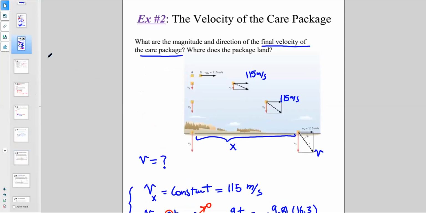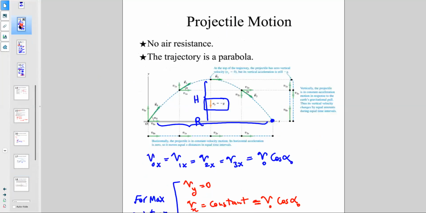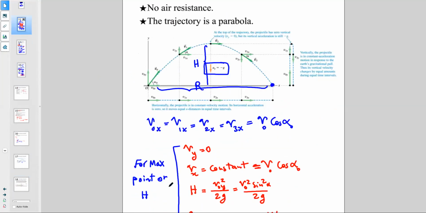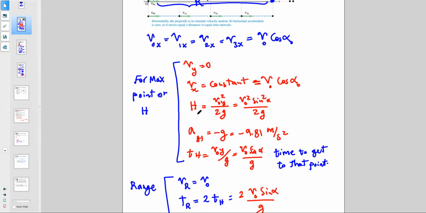So if you are looking at this, let me go all the way back. Yes, so for the maximum point, or h, the velocity along y is 0. The velocity along x is constant, which is whatever it was before. It will be the same, as you can see. That point h is having a height of v0y squared over 2g.